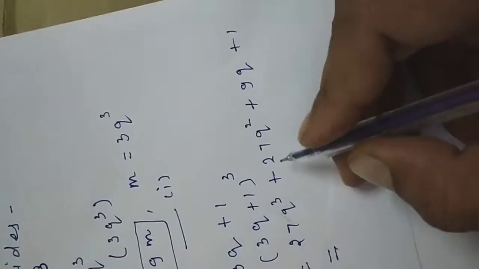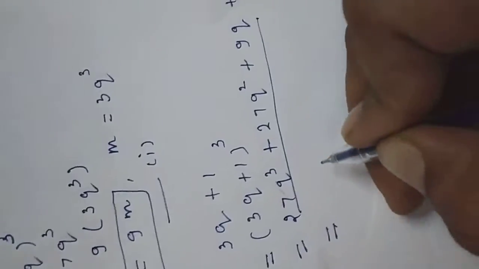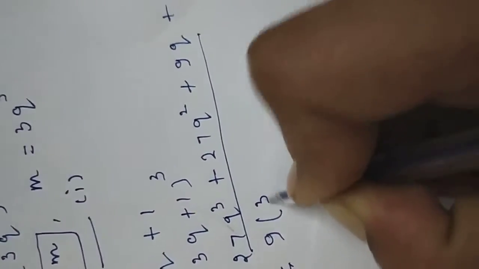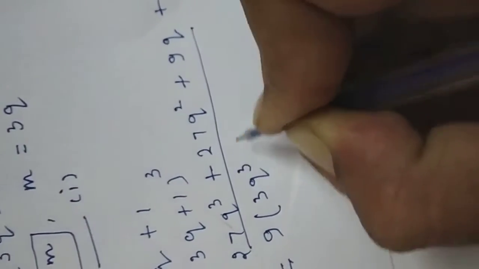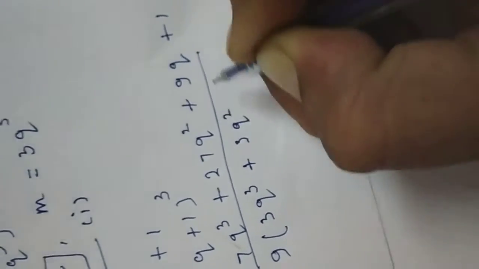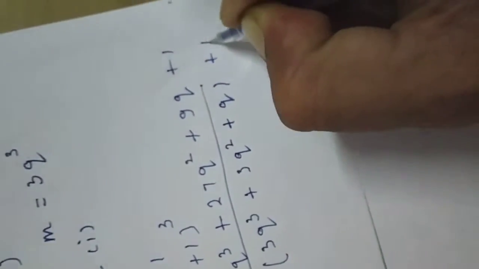Now, from these three terms, what can we take common? 9. So it will be 9 times 3q cube plus 3q square plus q, plus 1.